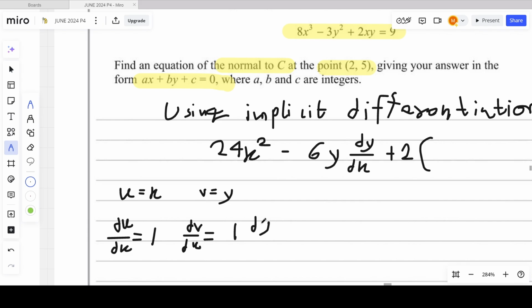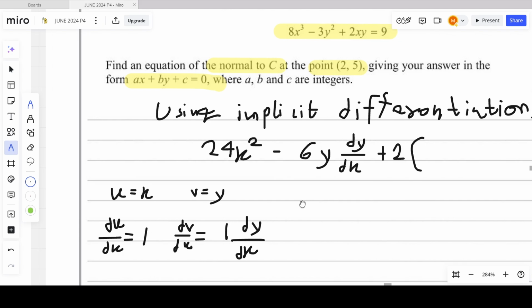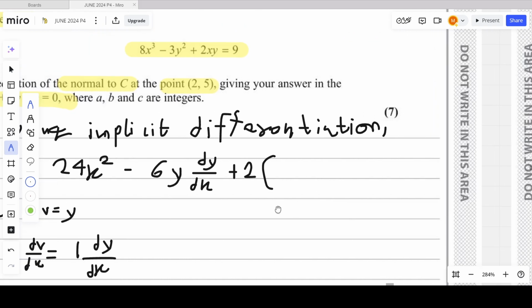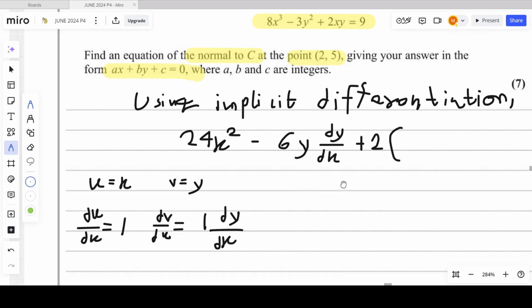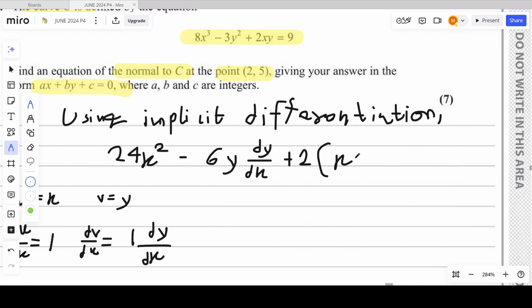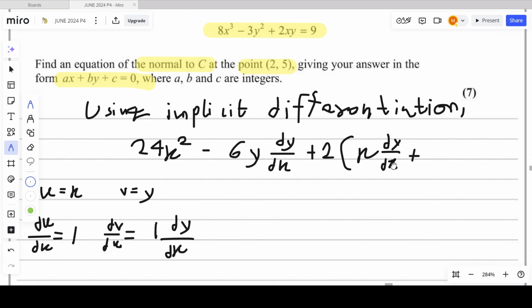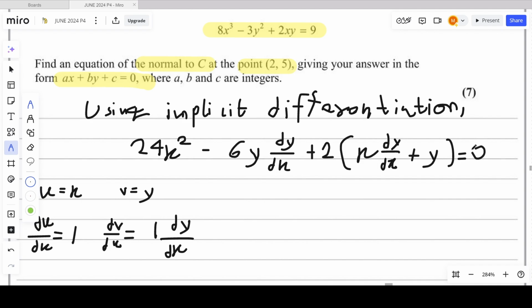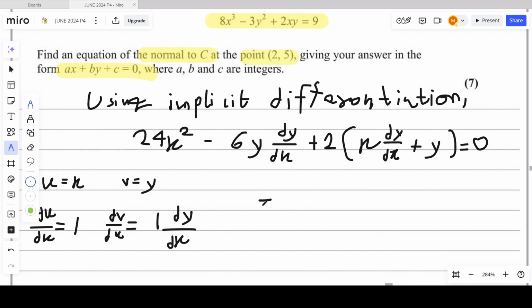Now the derivative of uv by the product rule is u dv over dx, which is x dy over dx, plus v du over dx, which is just y, equals 0. Done.